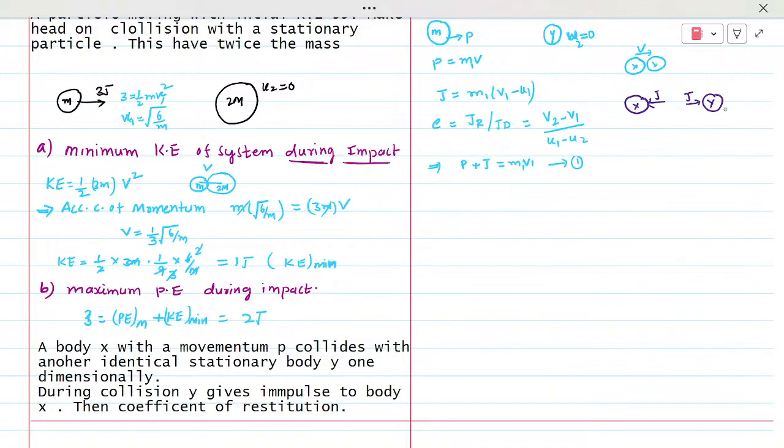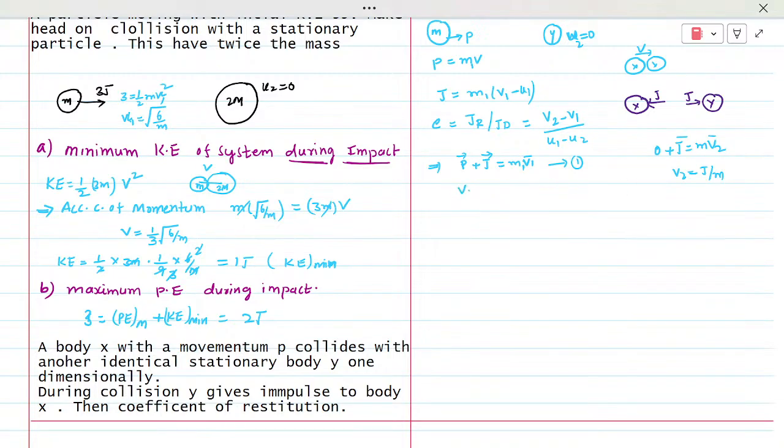Now initially it is at rest, therefore initial momentum is 0 plus J is equal to m into v2. So v2 is equal to J by m. Here this J is positive on Y, which means this J is negative on X, therefore here you take J bar, then clarity will come.